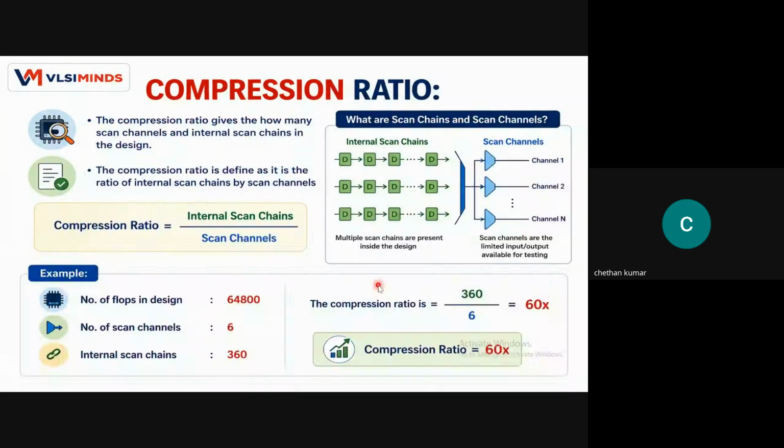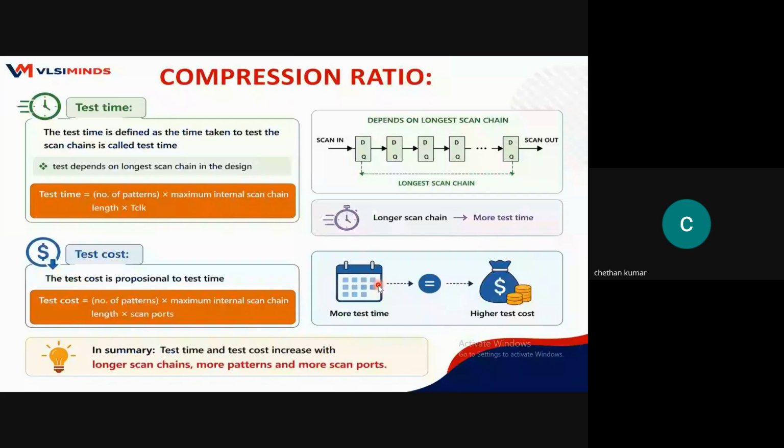So this is about compression ratio, which decides how we connect the external channels with the internal chains. This is how the compression ratio helps bring down the test time and test cost.